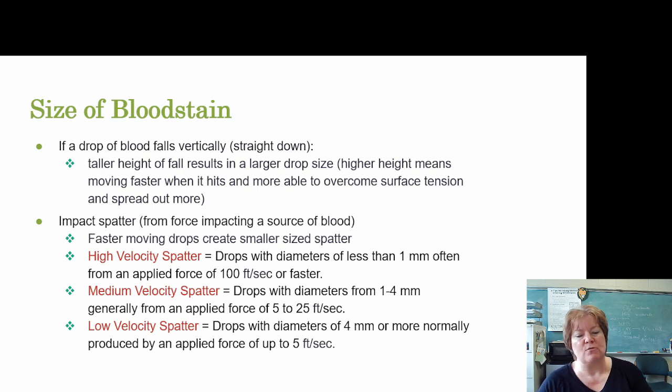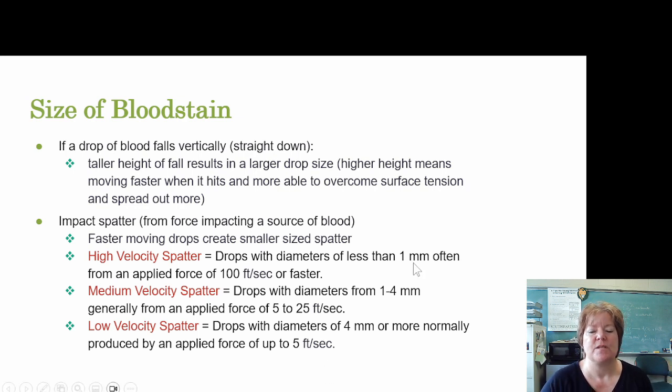So in general, we would say that the faster moving it is, the smaller the drop. You can kind of think about this like with rain. You know how you get those big fat drops of rain, but it's not raining real hard. It's just at the beginning of a storm, and they make those big splashes on the ground. And then once the rain is coming down faster, it's much smaller. Of course, it's all on top of you, unless it was like a little shower or something.